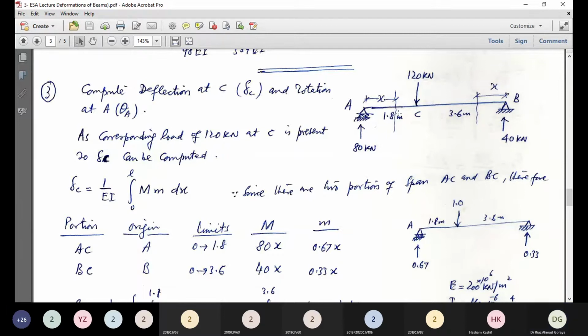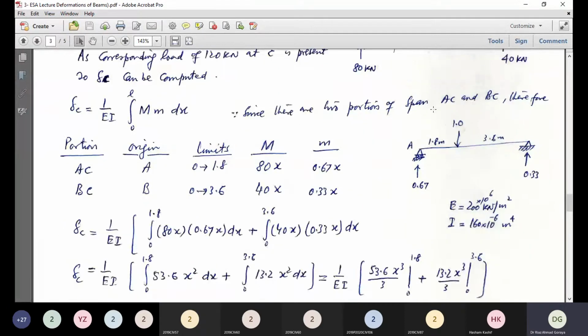Now, in the next problem, we have to determine the deflection at point D, which is a midpoint. That means if this total distance is 5.4 meter, then the midpoint means it is at 2.7 meter from either support.